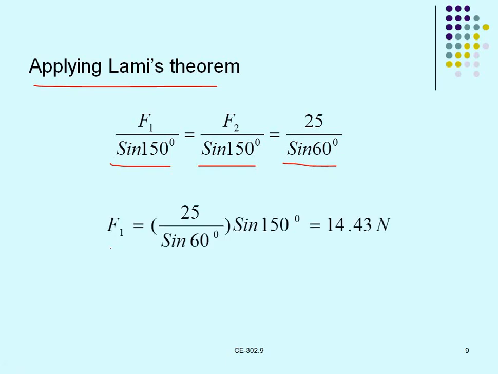That is, F1 is equal to 25 by sine 60 degrees times sine 150 degrees, which is 14.43 newtons. So 14.43 newtons is F1, and this is in tension.